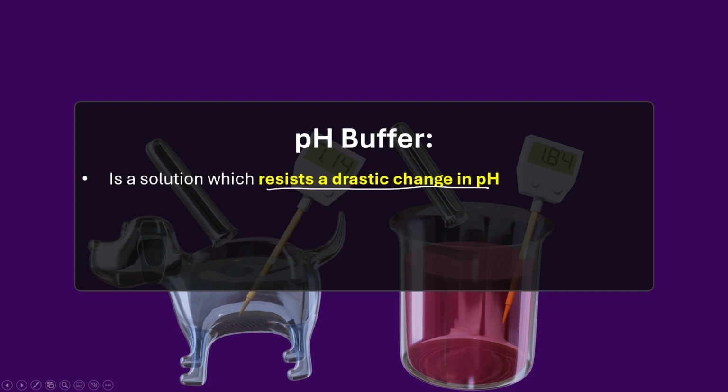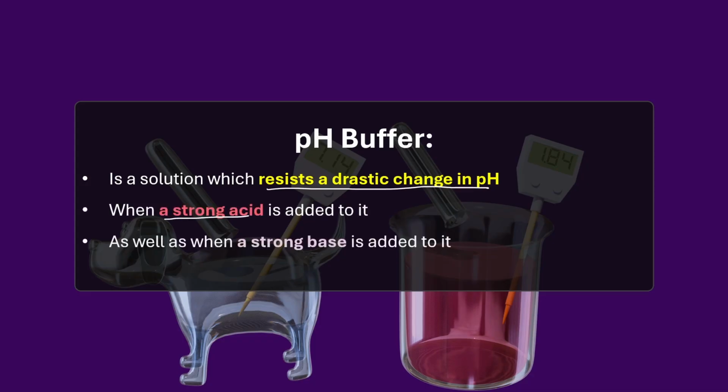So this is the first part of the definition. pH buffer is a solution which resists a drastic change in pH when a strong acid is added as well as when a strong base is added. So both of the things are involved here. It resists a change in pH against acid as well as against the base until it is used up.